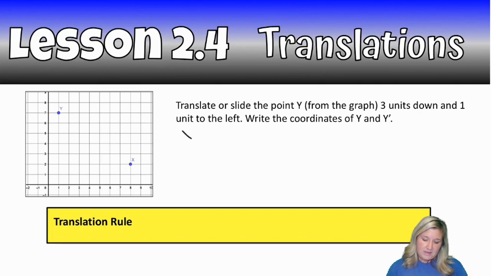So Y is located at 1, 7. And then when I translate this 3 units down and 1 unit to the left, I end up with Y prime being at 0, 4.